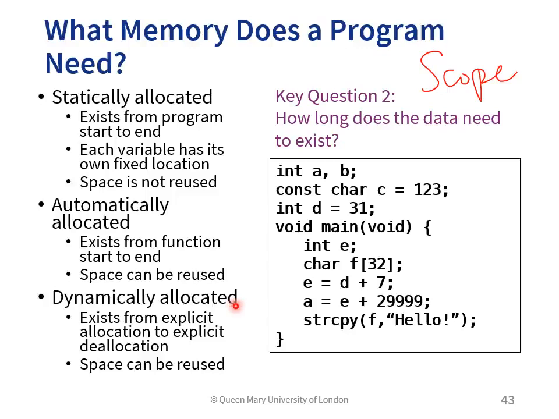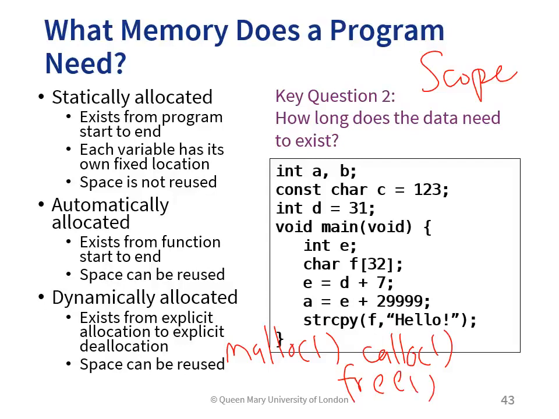Lastly, it can be dynamically allocated. It exists from explicit allocation and explicit deallocation using functions like malloc or free that we learn in C, and after allocation we can just free the space that we have.